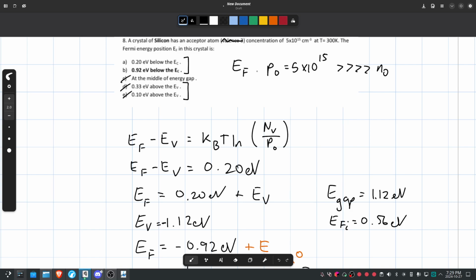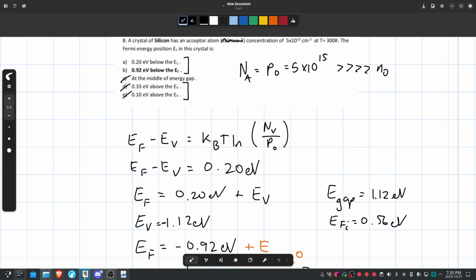Correct. So in this case, we assume that N_A is equal to p0 because N_A is so large. Usually p0 is equal to N_A and n0 is equal to N_D. Yes. This is because this is an engineering approximation, right?